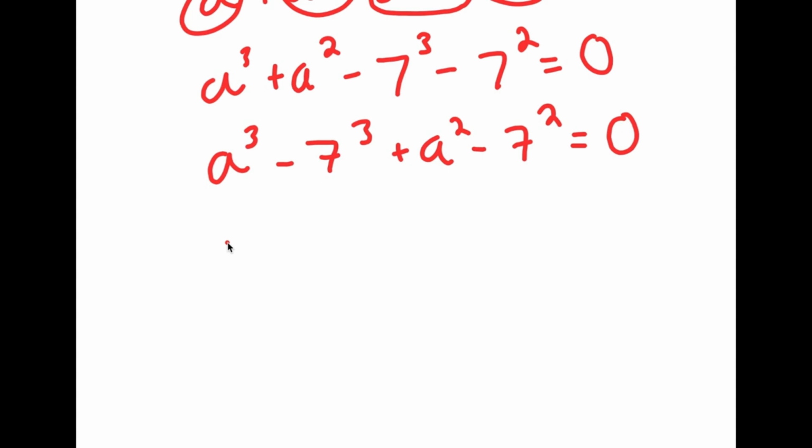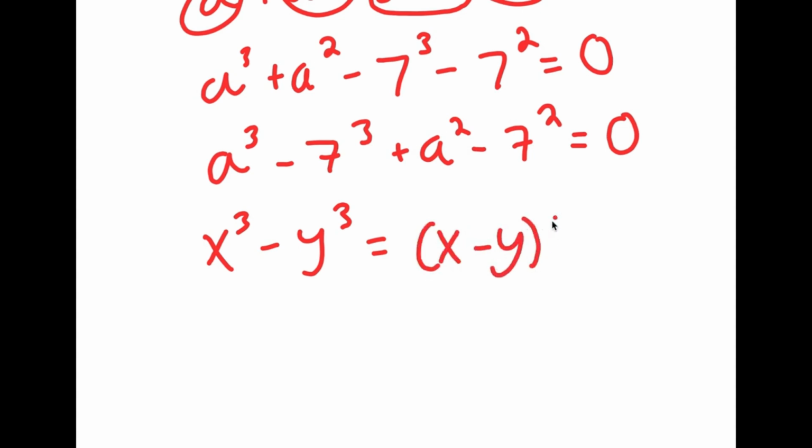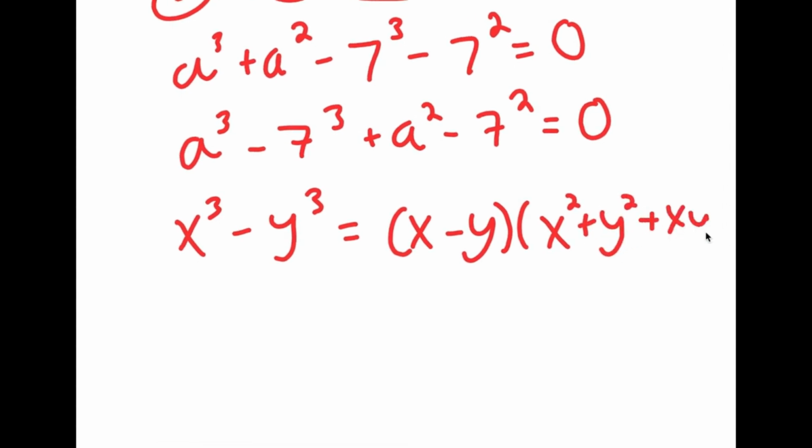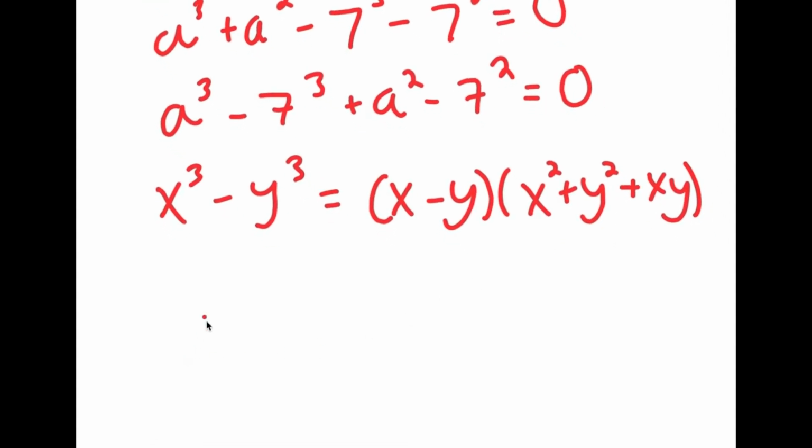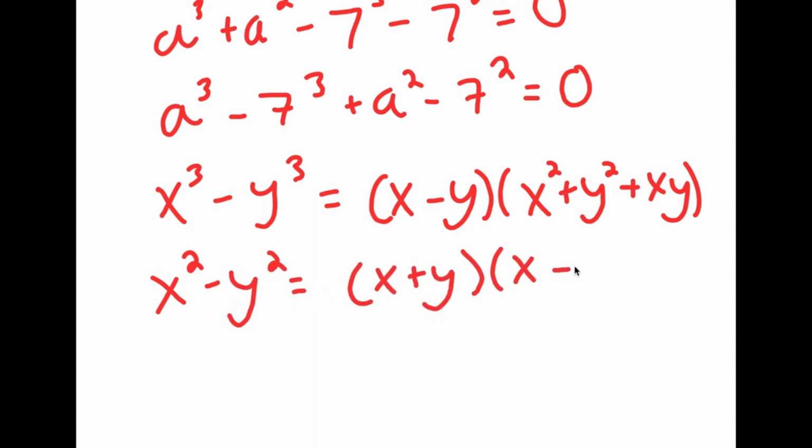So to start, if I have something in the form x to the power of 3 minus y to the power of 3, this is equal to x minus y times x squared plus y squared plus xy. And now if I have something in the form x squared minus y squared, this is equal to x plus y times x minus y.